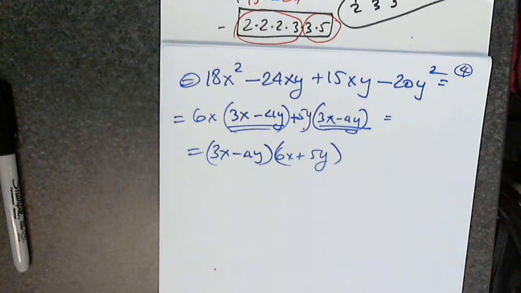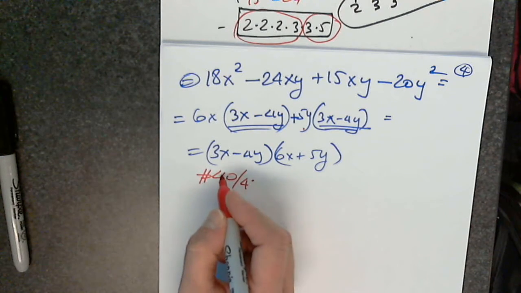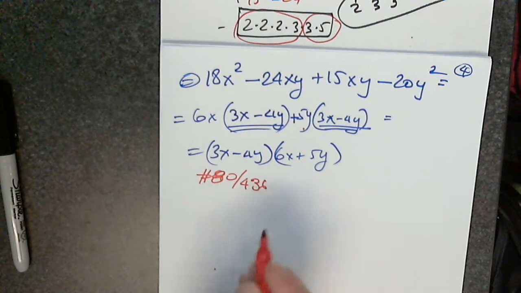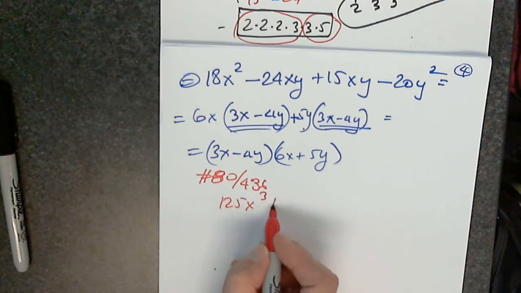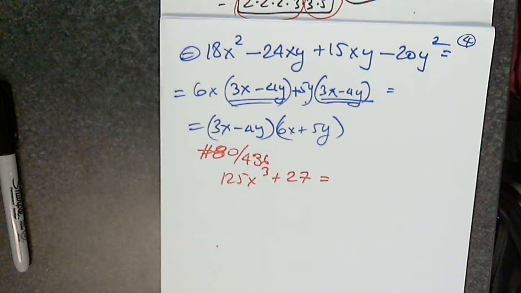Okay? Can I choose the next one? Problem 80 on page 436, and that is 125x to the third plus 27. Any suggestions here?